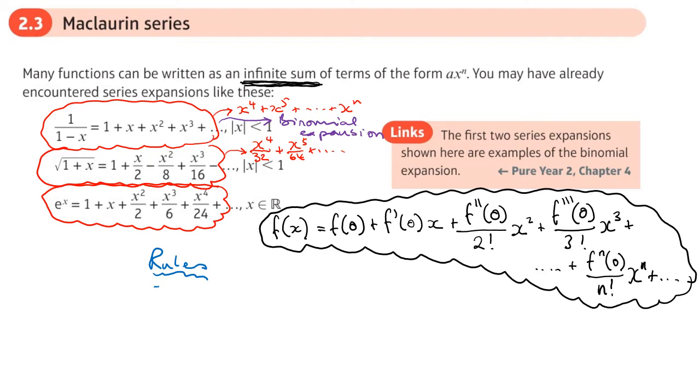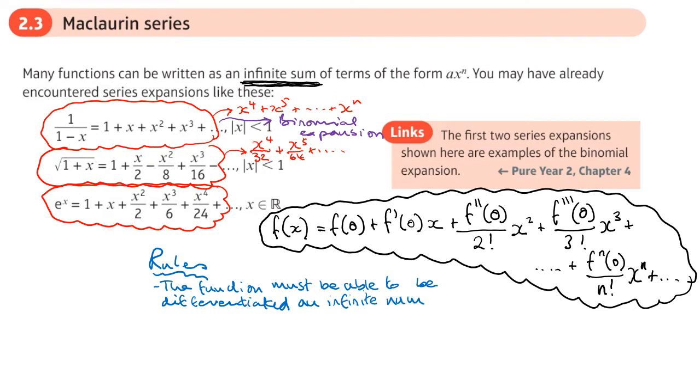The function must be able to be differentiated an infinite number of times, because it's an infinite series, and you can see that every term we're differentiating again.